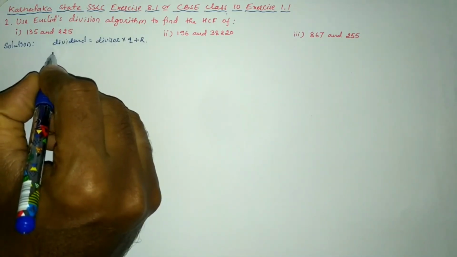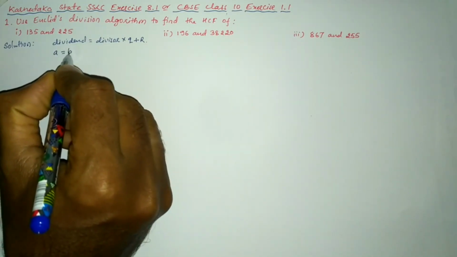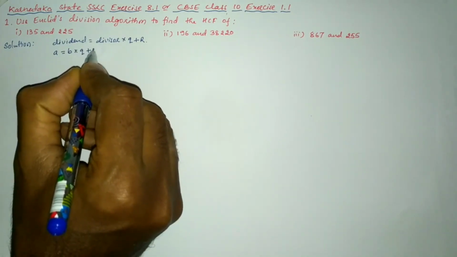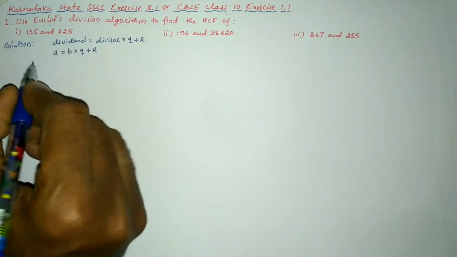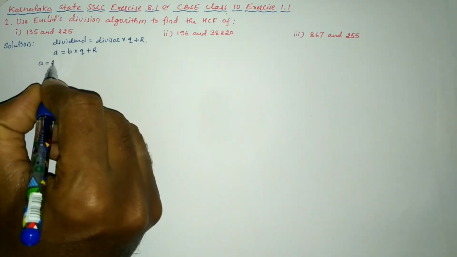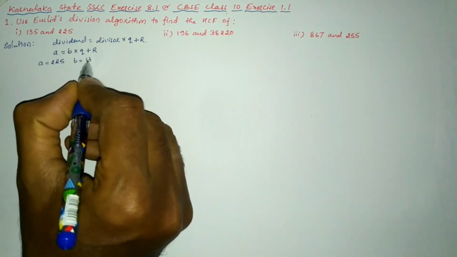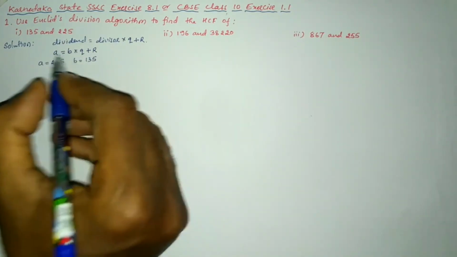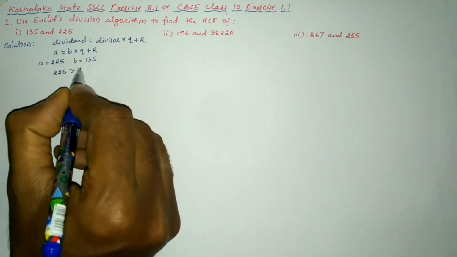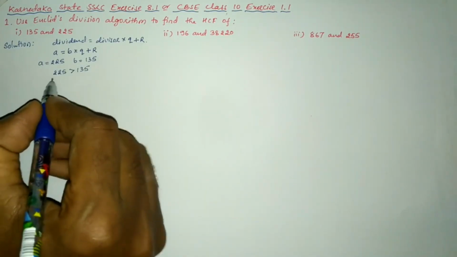Now let us take dividend as A and divisor as B, into Q is quotient, plus R is the remainder. Now let us take A is equal to 225 and B is equal to 135 as divisor, as 225 is greater than 135.